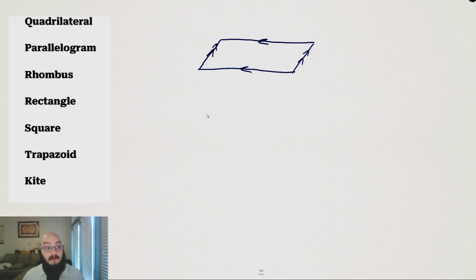In the same vein, the next one is a rhombus. A rhombus is like a parallelogram with an extra rule. A rhombus has two sets of parallel sides, and it also must have all four sides be the same size.